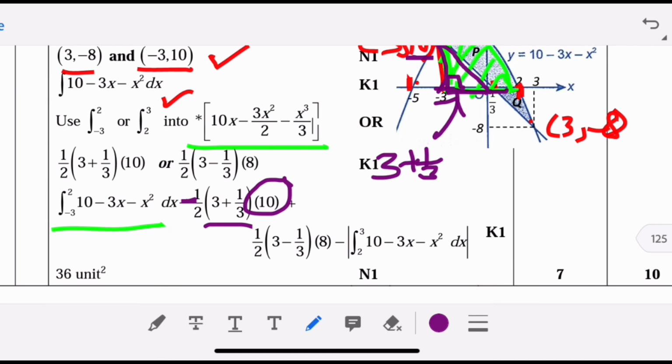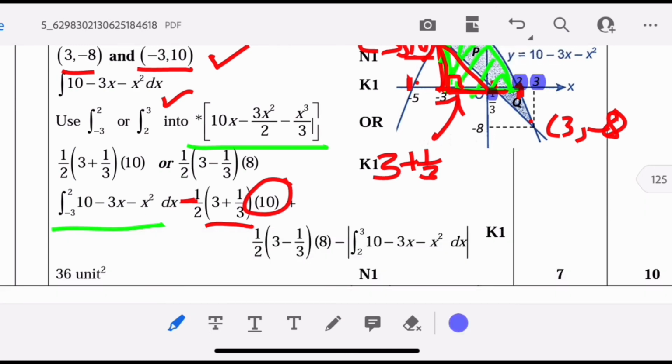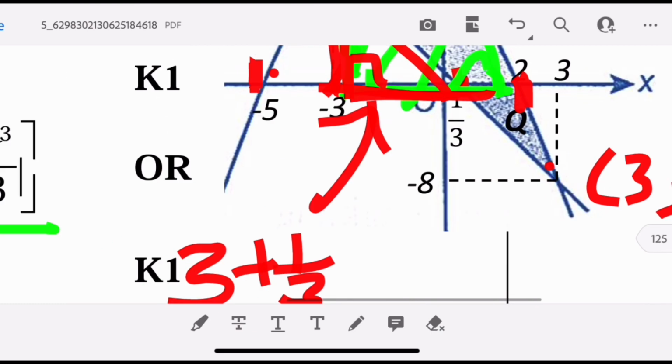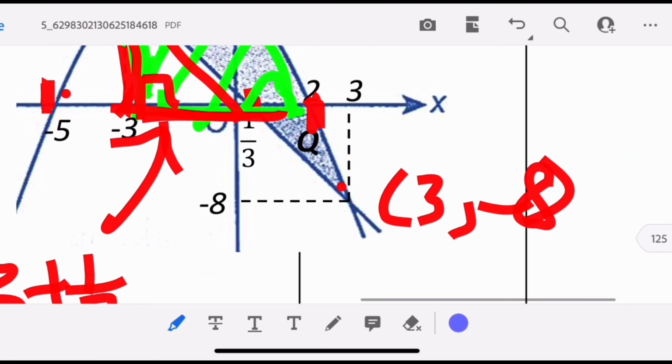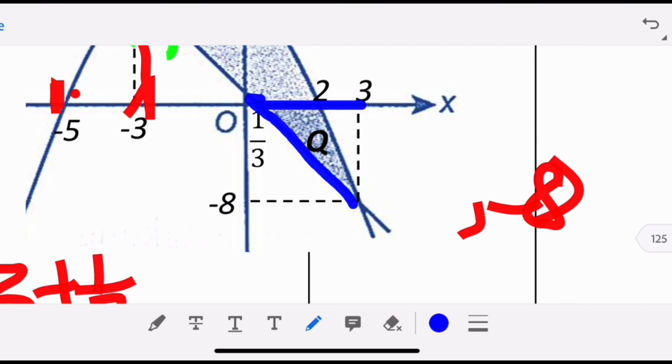And then for the down part, we have to find the area for the triangle here. Let me enlarge and show you. We are going to find the area for this triangle, which is in blue color.